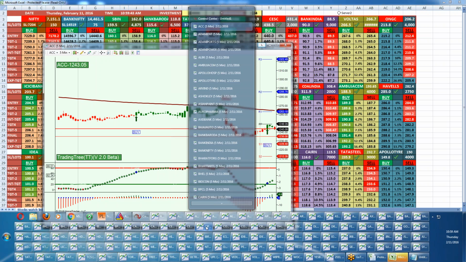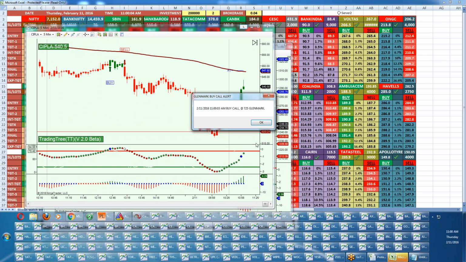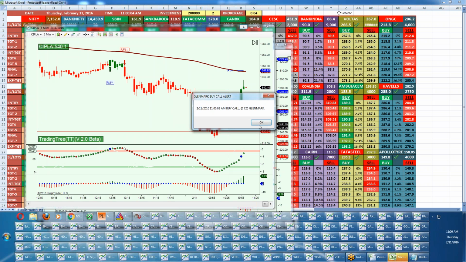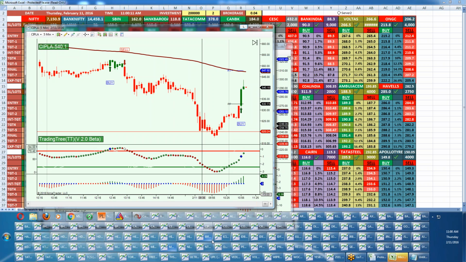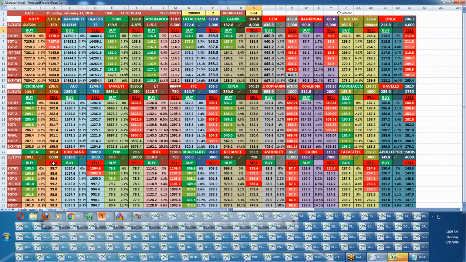There is a sell call in TVS. So we have a buy in Glenmark, sell in TVS. We should already have a buy call here. Let me just add that in place of Idea.